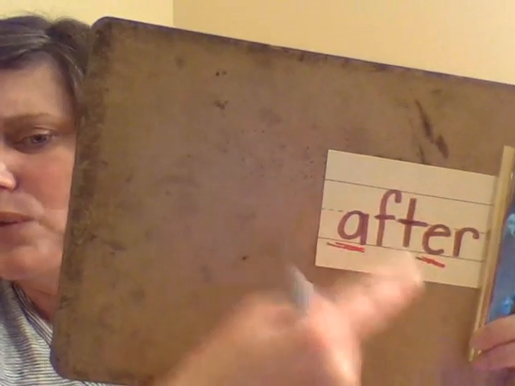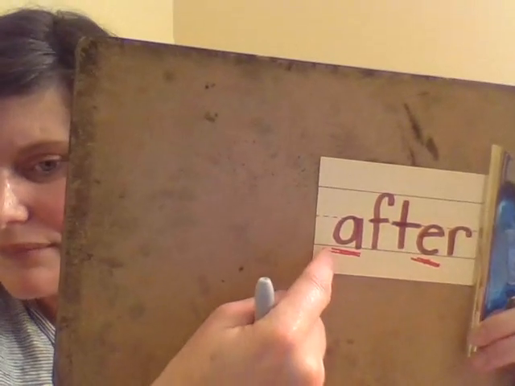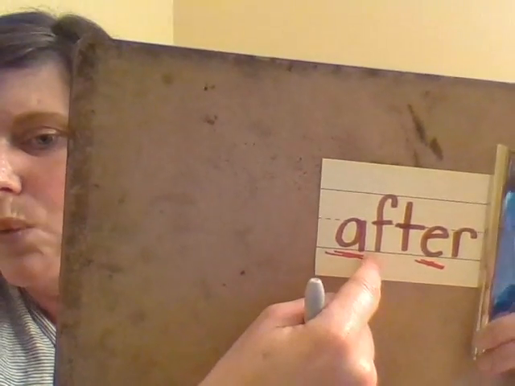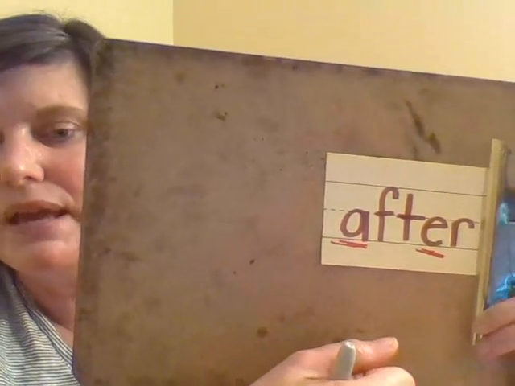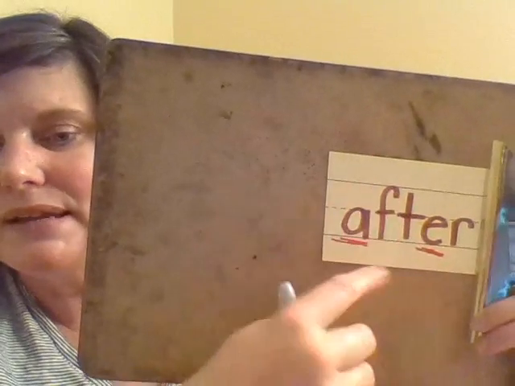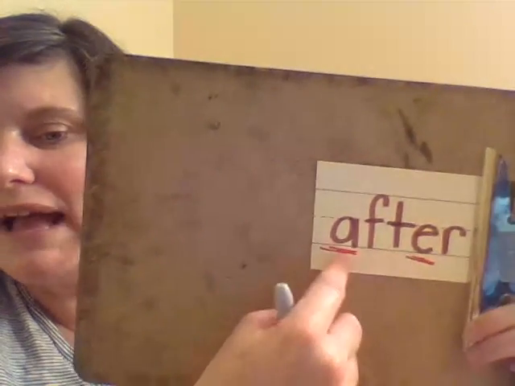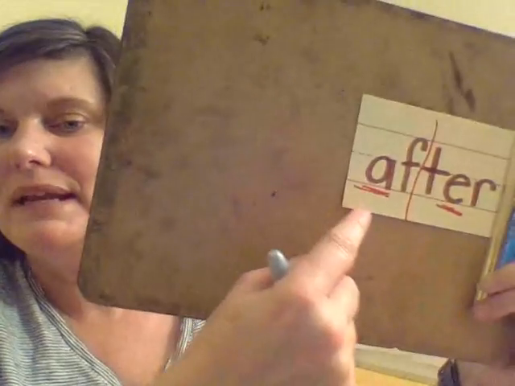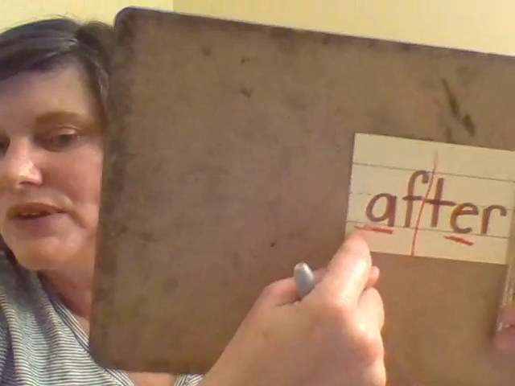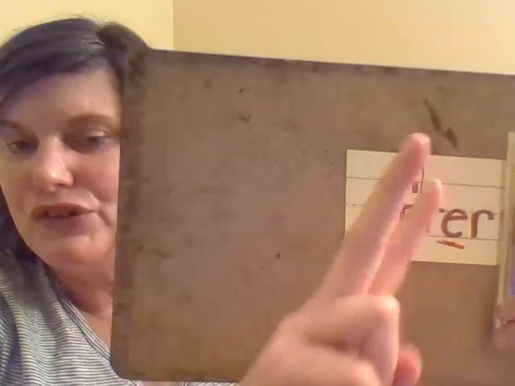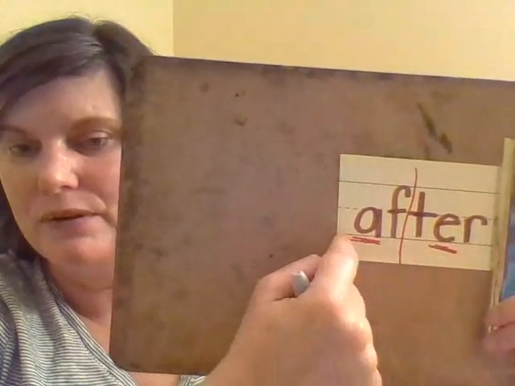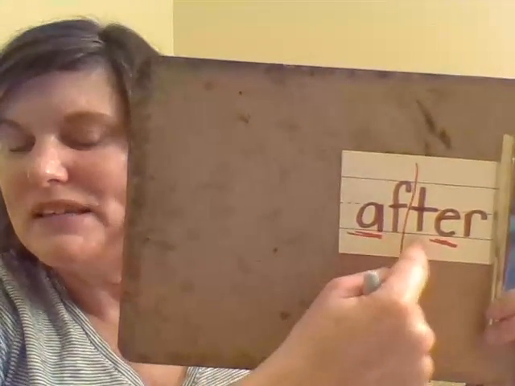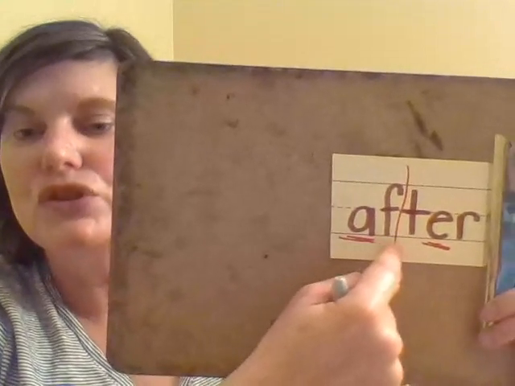Now we have to figure out where we divide it. Whenever you have 2 consonants between 2 vowels, you split them in the middle. It's like you're splitting up the pair. So now I know this word is 2 syllables because our vowels were not together, and I can split the syllable between 2 consonants.